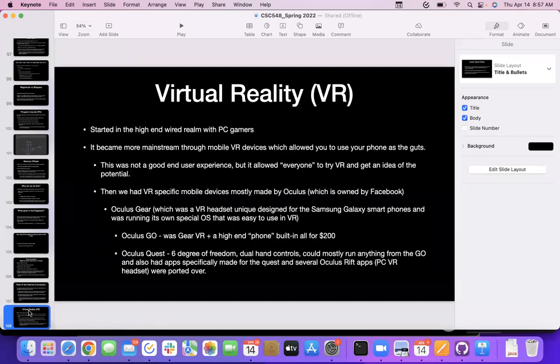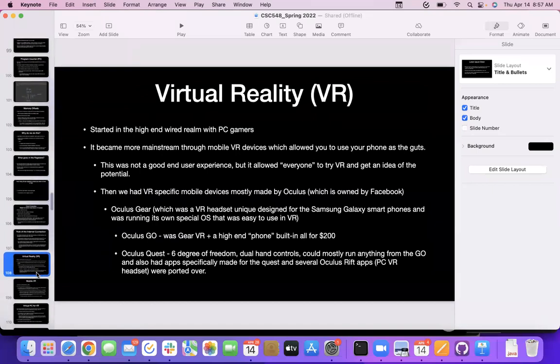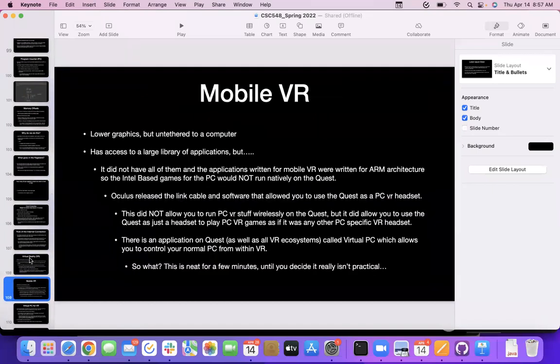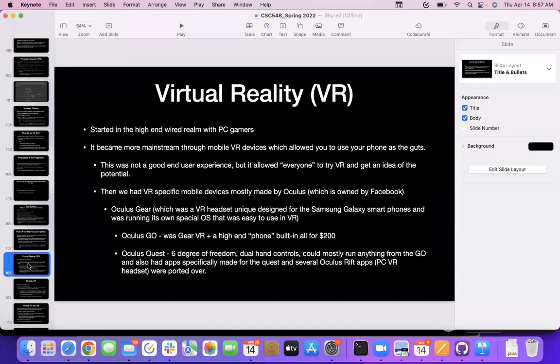All right, what I'm going to do is introduce this here. You already have your homework for next week looking at the Oculus Quest versus the Quest 2. So we're starting to talk about virtual reality, but let me at least give a starting point here for a couple of minutes, and then we'll call it quits.